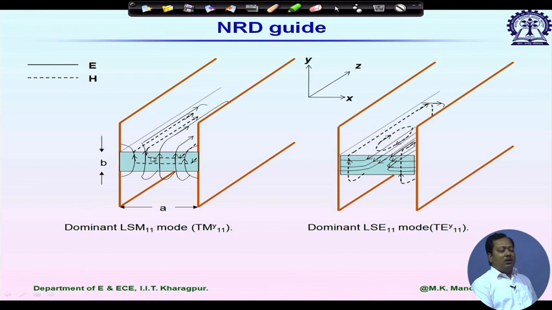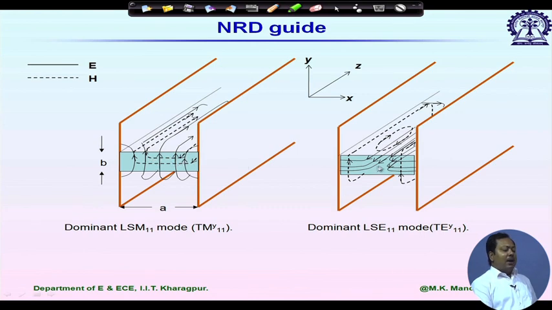Now just looking at this field plot, can you say which one is lossy? If I compare the left hand side and right hand side plots, inside the dielectric you see the electric field component Ex having higher values, which is perpendicular to the conductor, and on the left side the electric field component having the highest value is in between these two plates, which is parallel.